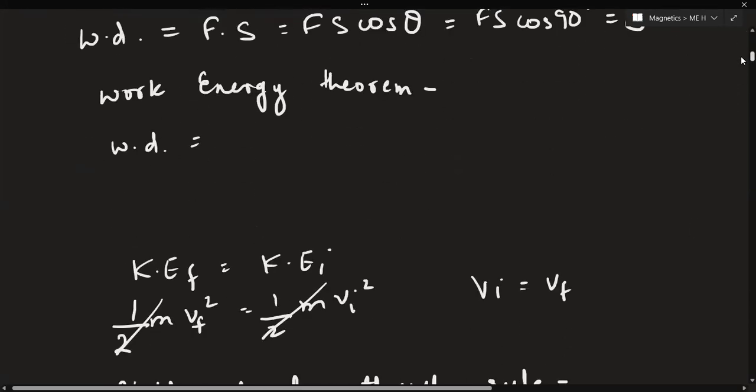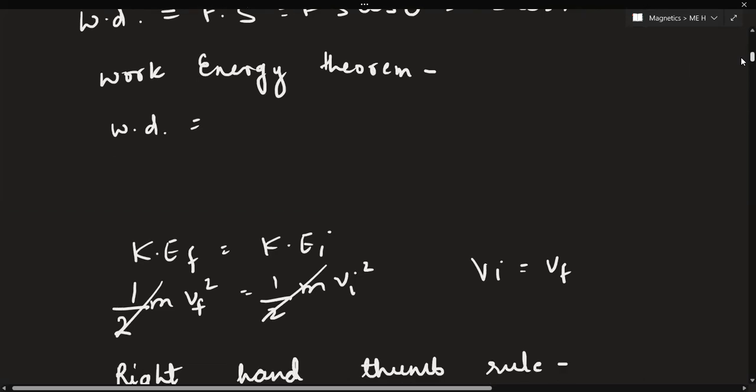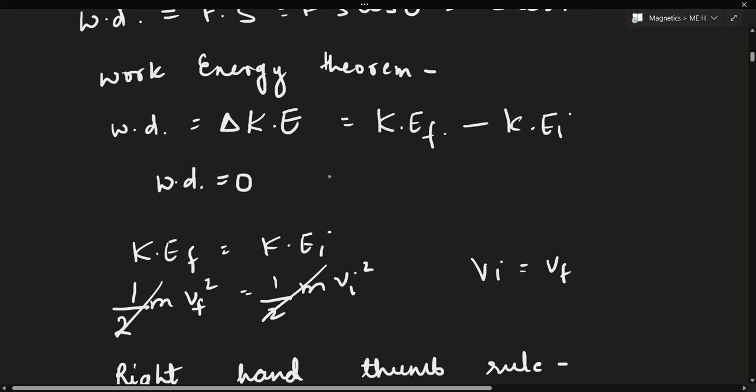Now, connecting it to the work energy theorem: all the work done is converted into the change in kinetic energy, that is, kinetic energy final minus kinetic energy initial. So if work done is 0, then the change in kinetic energy is also 0.